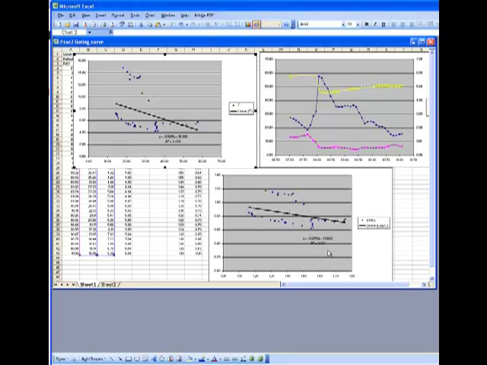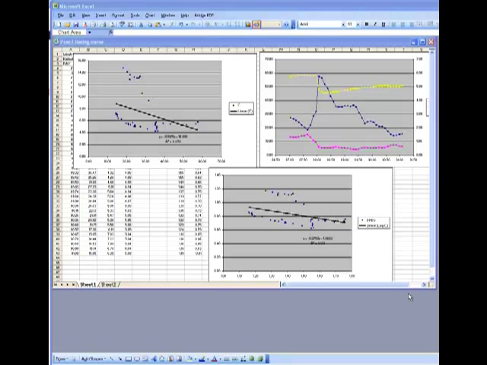Now, why then is the relationship still quite poor? Is there anything else that we could do to improve the relationship? Well, if we look at the scatter of points, is there anything that might be controlling the scatter?